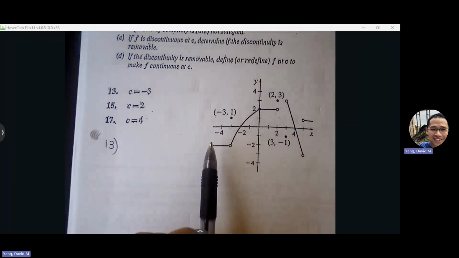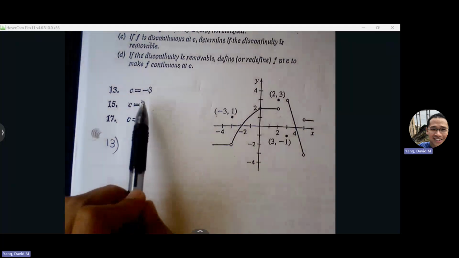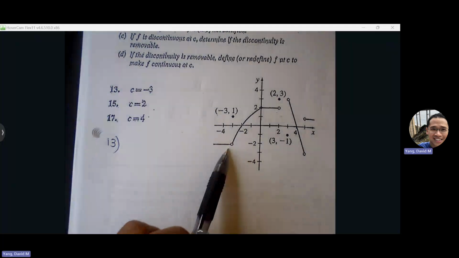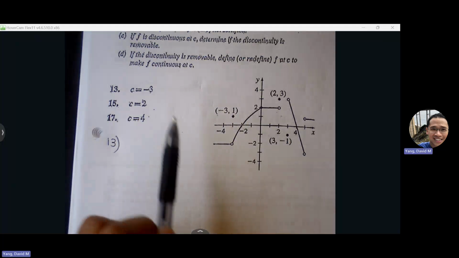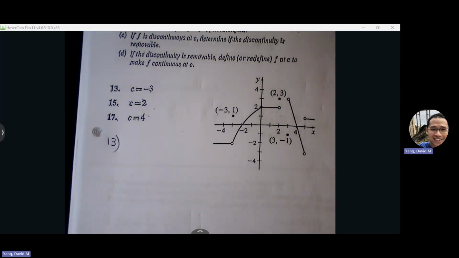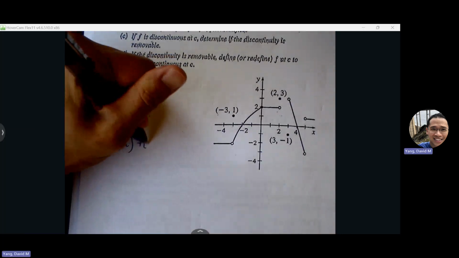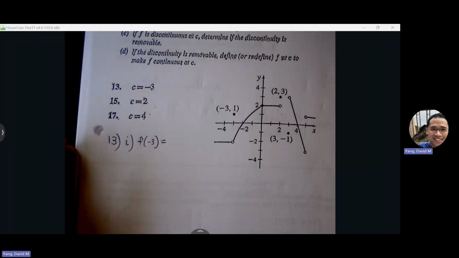Okay, C equals -3. So -3 is here. Just by looking at this, what type of discontinuity are you expecting here? At -3. Yeah. So we just have to write out the conditions to eventually work towards that end result we're expecting. So we can say f of -3 is equal to, first condition.